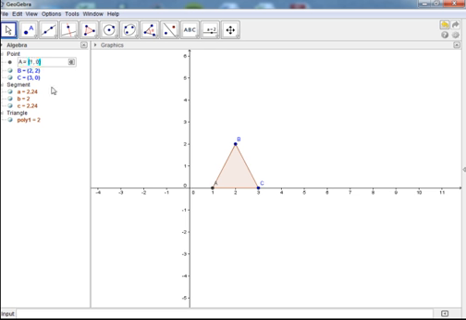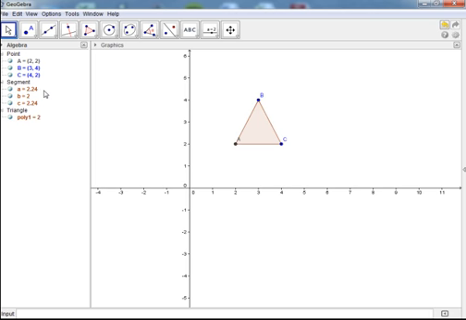So if I go plus 1 in the x, plus 2 in the y, and again I have to do this to all of them, so plus 1 in the x, plus 2 in the y, plus 1 in the x, plus 2 in the y. And again, notice I still have my same shape here. I've just shifted it over 1 and up 2 units, the whole thing.